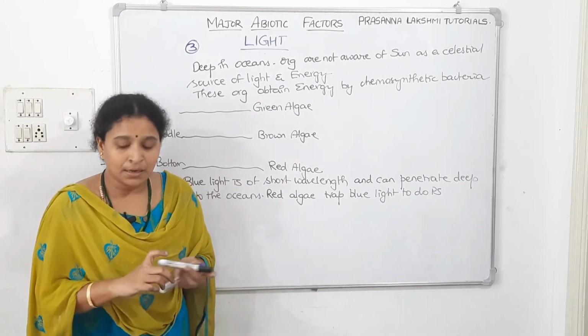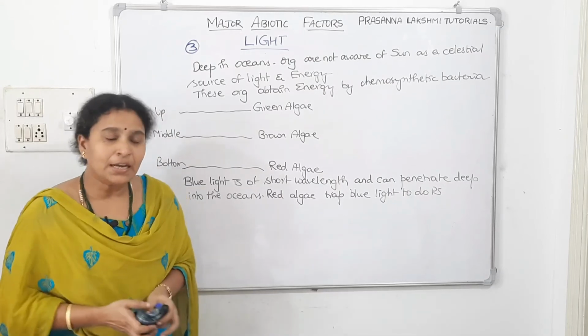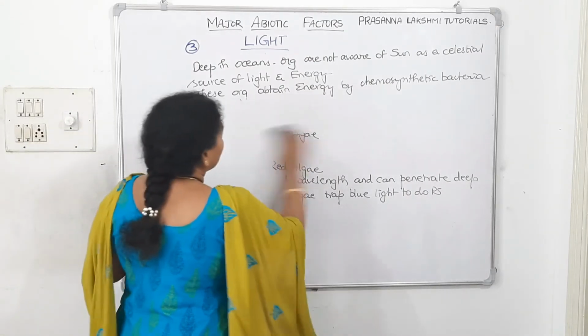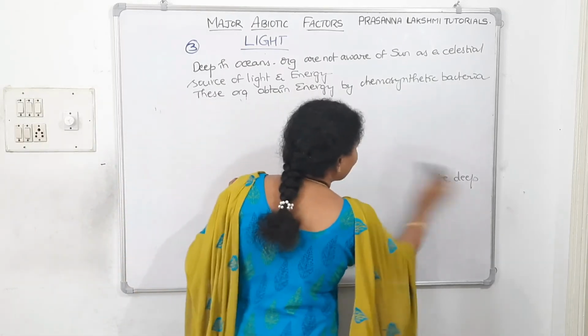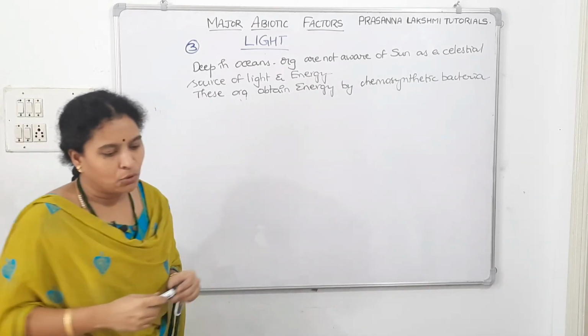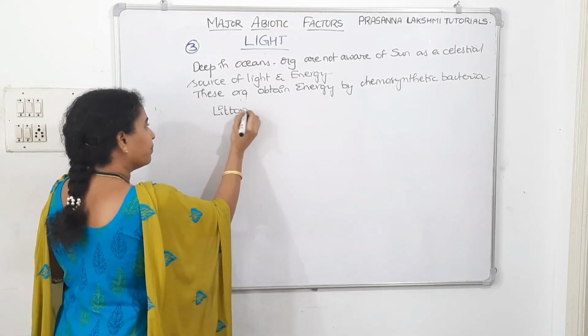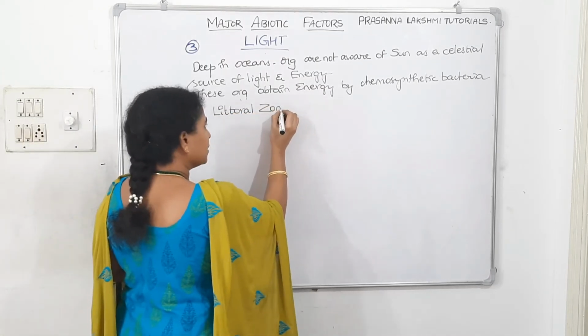Now, depending on the light, we can divide the zones into two types. We can divide them into littoral zone and limnetic zone. What is this zone?